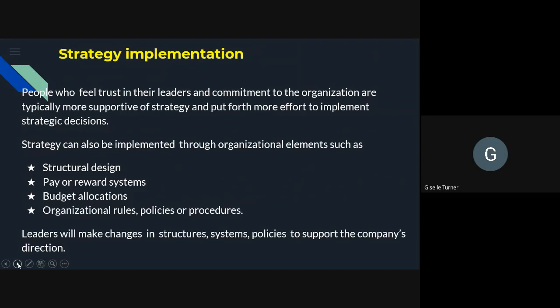Strategy can also be implemented through organizational elements such as structural design, pay or reward systems, budget allocations, organizational rules, policies, or procedures. And sometimes leaders may have to make changes. Some may be big, some may be small, in structure, systems, policies, and things that are needed to support the direction in which the company is headed. Next slide.